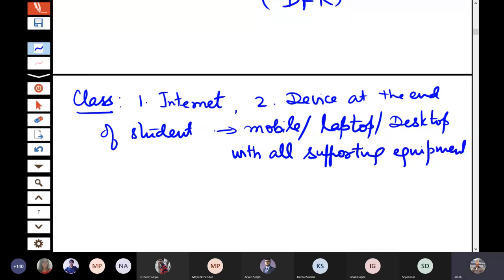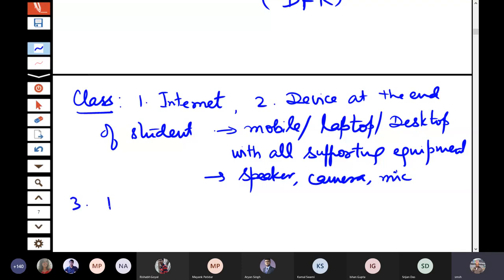What is the supporting equipment? That is a speaker, your camera, and then your mic. Okay, all those things are required. Of course, this laptop itself is a unit containing a lot of things, but that I am not getting into.